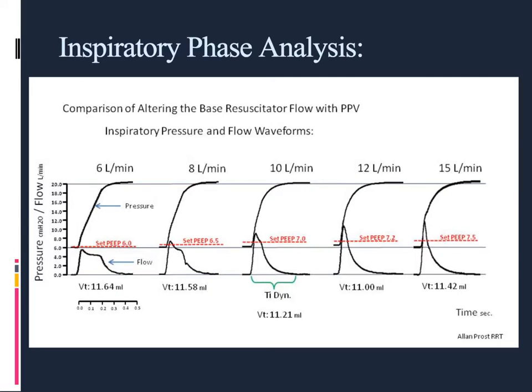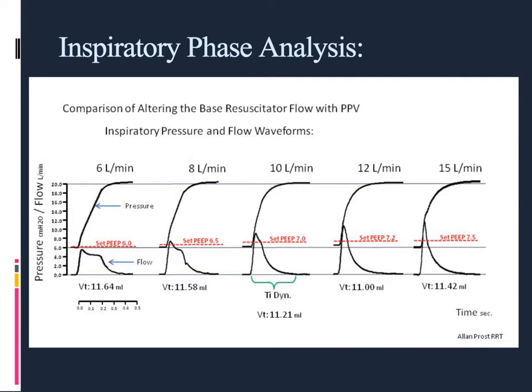There are very subtle differences in tidal volume delivery, but actually the tidal volume delivery was more about the pressure gradient delivered to the test lung, so it's pretty uniform, with variations of usually less than about half a centimeter of water.